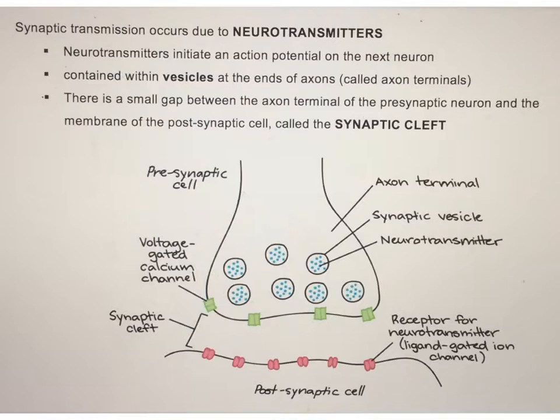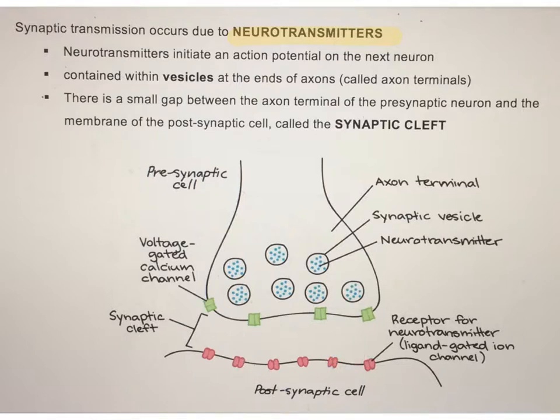As I mentioned in the last video, synaptic transmission occurs due to neurotransmitters. Those neurotransmitters are the small chemicals that come from the axon terminal of one cell into the postsynaptic cell. We call this the presynaptic cell, and this is the postsynaptic cell. The neurotransmitter is what actually initiates the action potential on the next neuron.